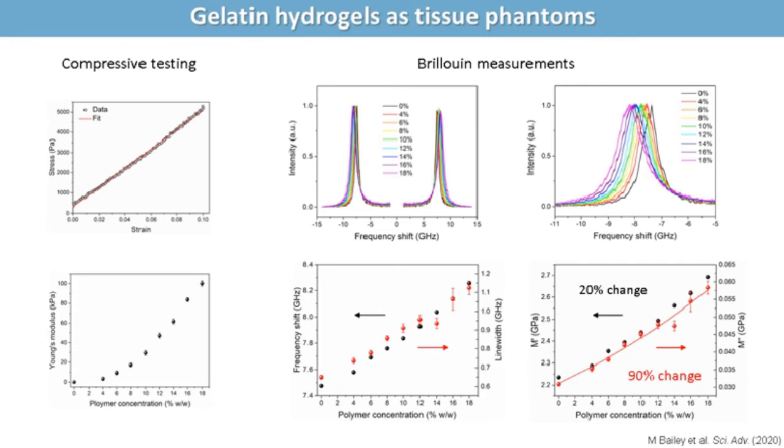And you see that by increasing the concentration of the polymer in these gelatin hydrogels, you indeed are able to increase the rigidity through the measurement of the Young's modulus. And in parallel to that, we observe an increase in stiffness measured by the storage modulus. But most importantly, we observe an increase in the loss modulus.